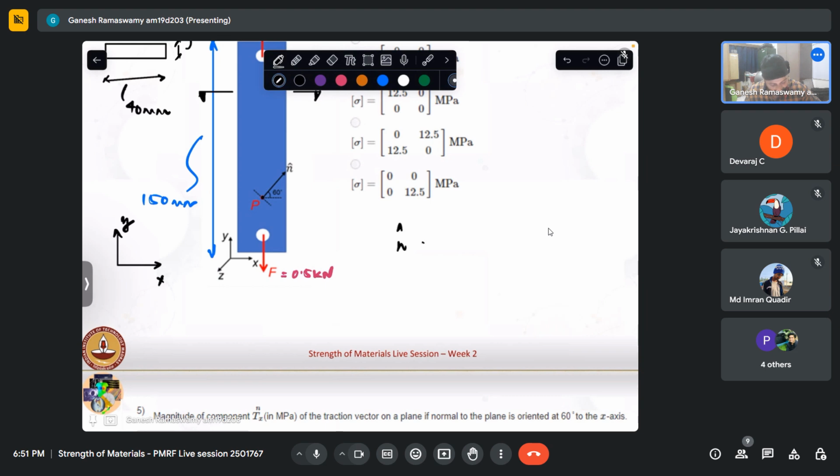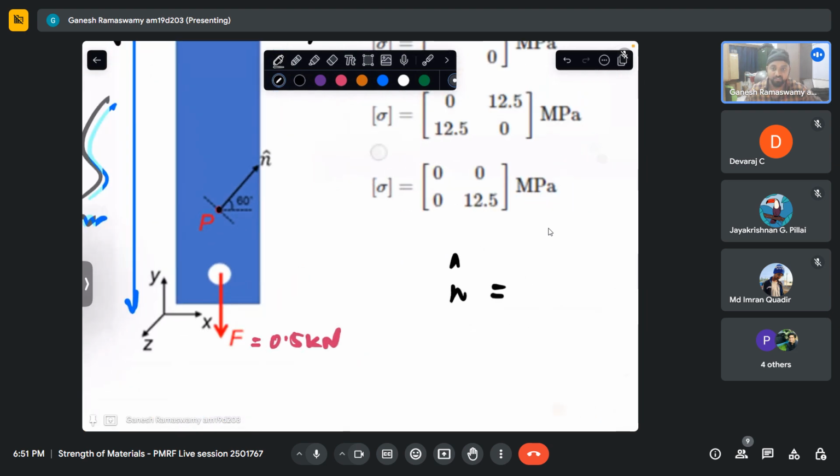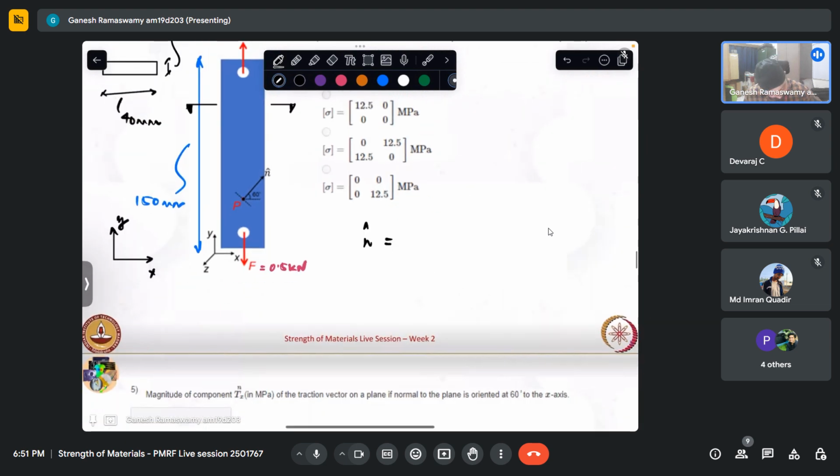So n cap, how can this be represented? This makes an angle 60°. So n cap is nothing but cos 60 i cap plus sin 60 j cap, or n cap can be represented as cos 60, sin 60. So this is the n vector.